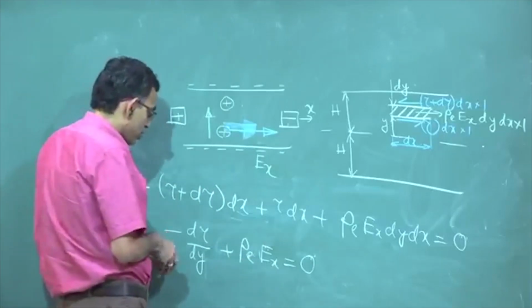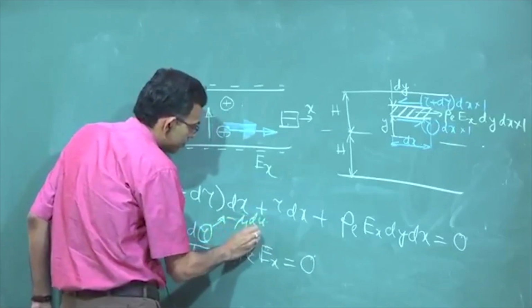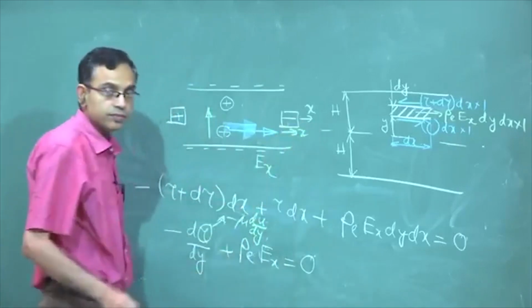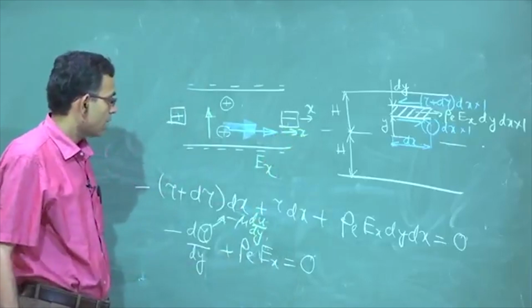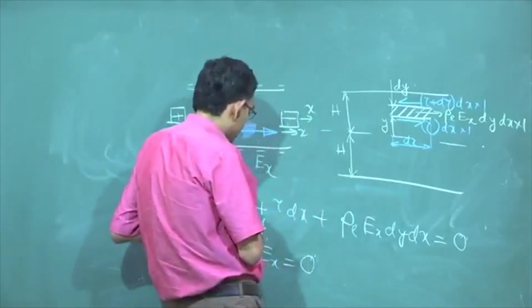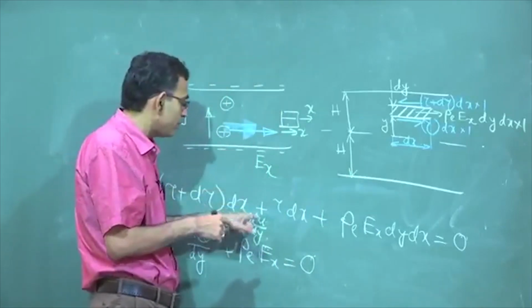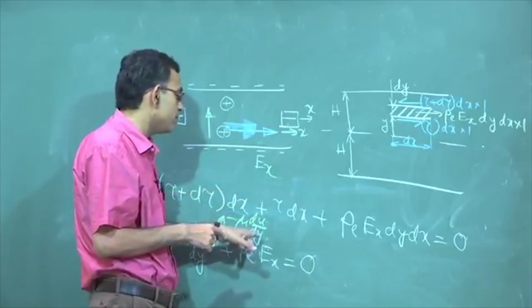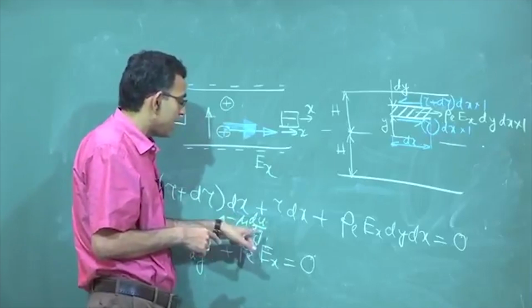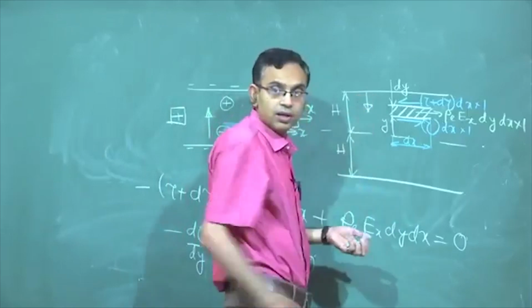Now, what is this tau? Tau is equal to minus mu du dy, where u is the velocity along the x direction. So why minus mu du dy? Because if you write tau is equal to mu du by d of some coordinate y without the minus sign, then that coordinate has to be the outward normal to the wall.